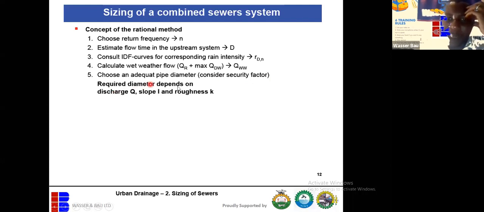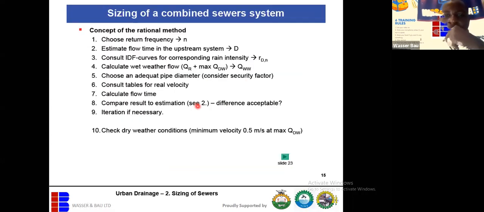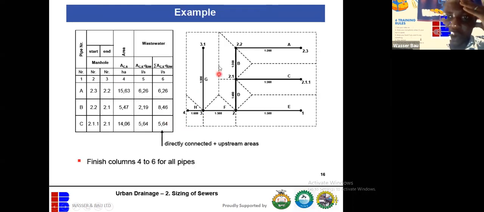The required pipe depends on the discharge, the slope, and the roughness. So after the discharge, you now calculate the real velocity, which you can read off from the chart also. You calculate the flow time, which I'm going to show you how to do. And then you go and do the design proper.